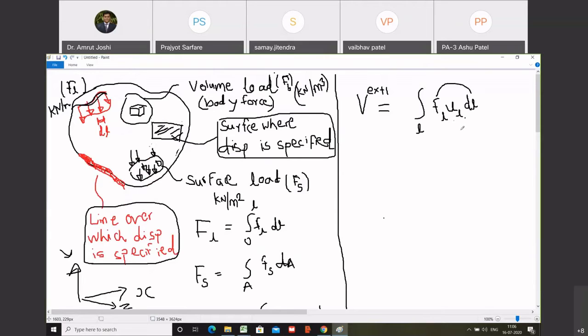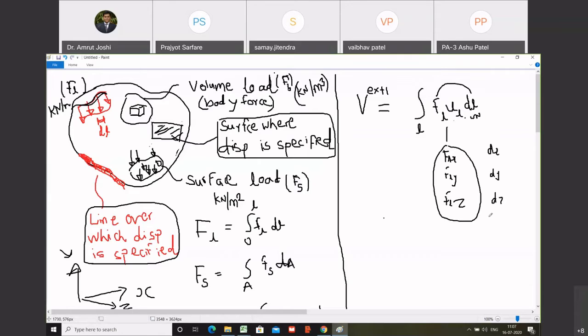None of these, because this UL is in the direction of FL. Do you agree with me? You have to understand that this FL itself has three components: FLX, FLY, and FLZ. So this intensity itself is going to have three components. This DL is also going to have three components: DX, DY, and DZ.